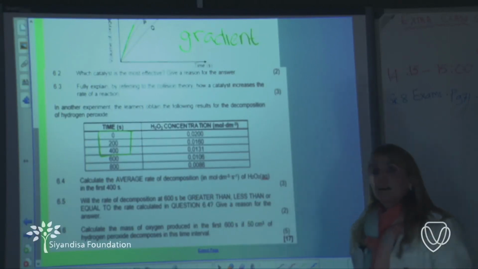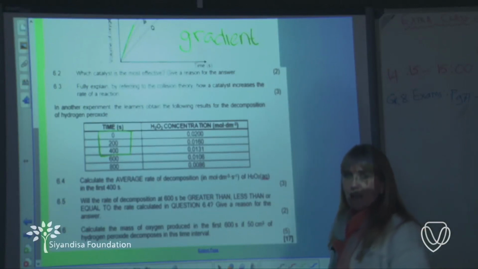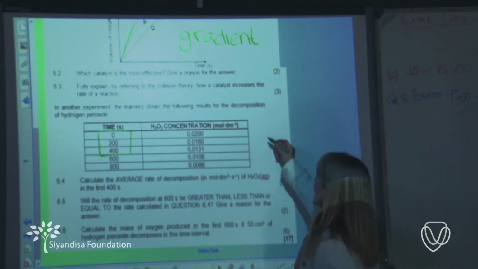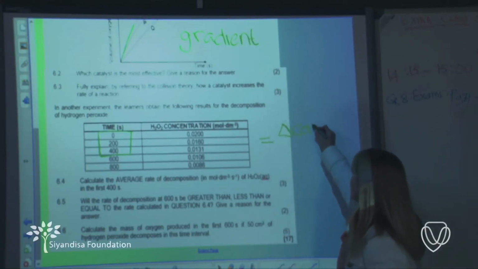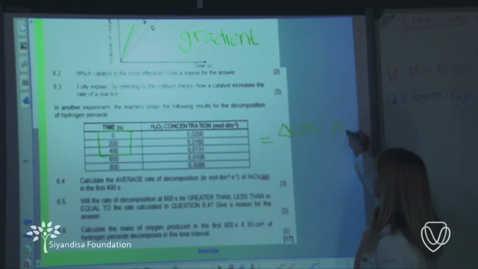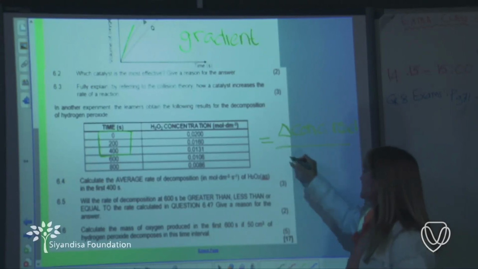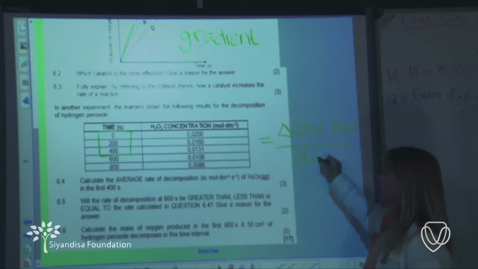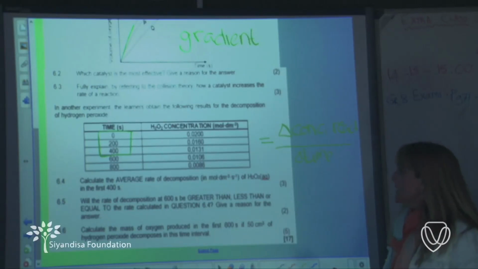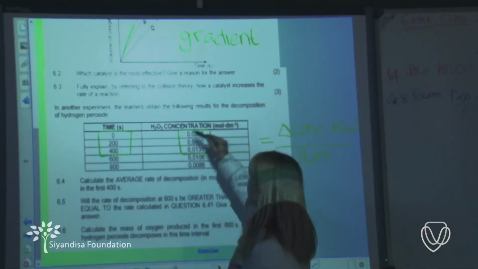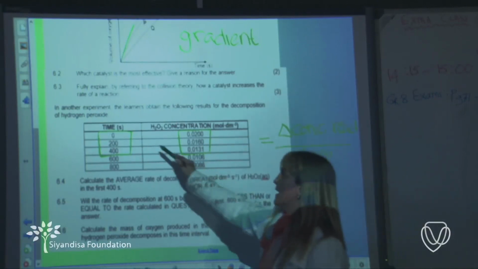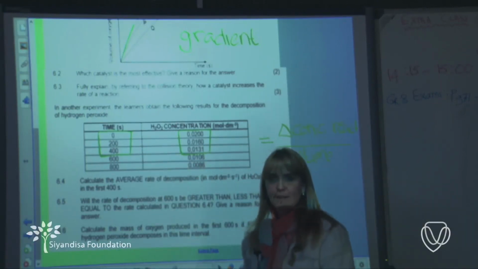Right. Remember in one of the first slides that we did, we said rate of reaction is equal to the change in concentration of reactants over change in time. So now from my table, I can look at the change in concentration of H2O2 divided by the change in time. Right.